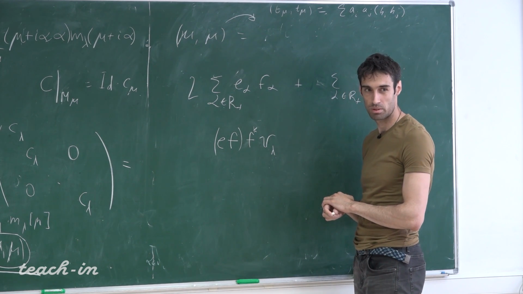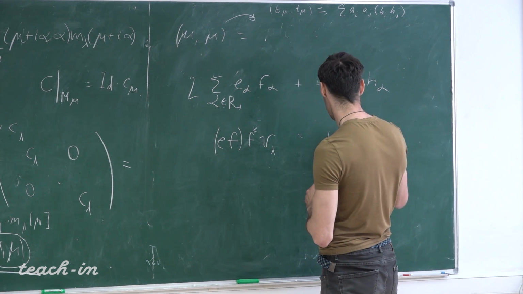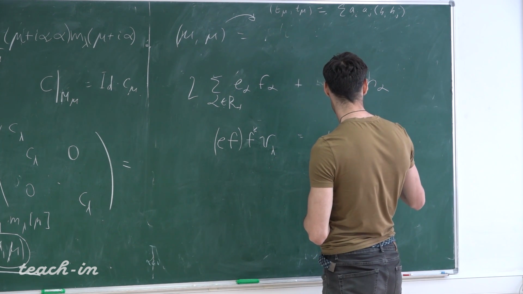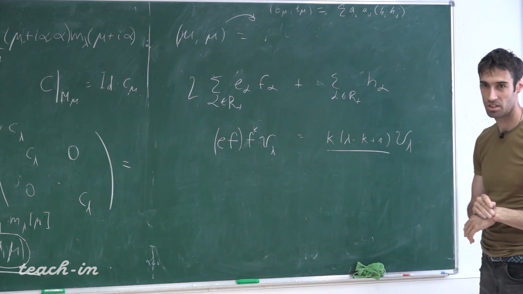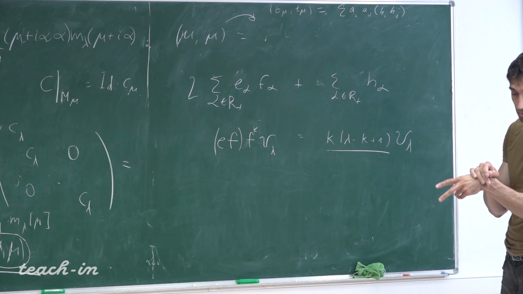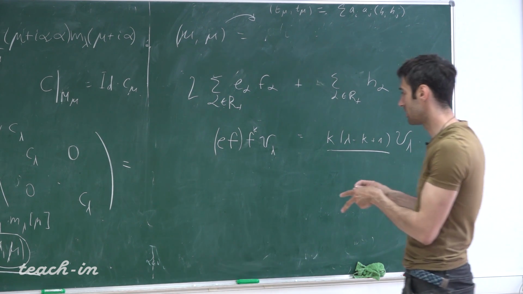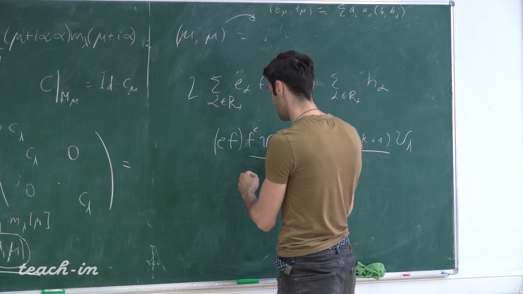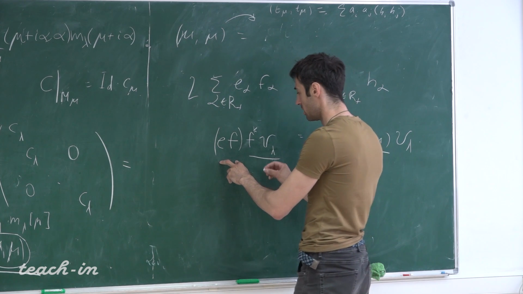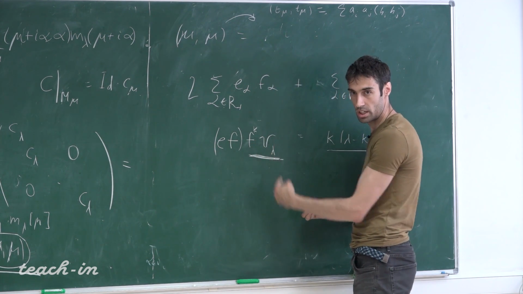This we computed, and it was something like k times lambda minus k plus 1 or something. This is the computation we did. So actually now you need to find such vectors in your L lambda mu.